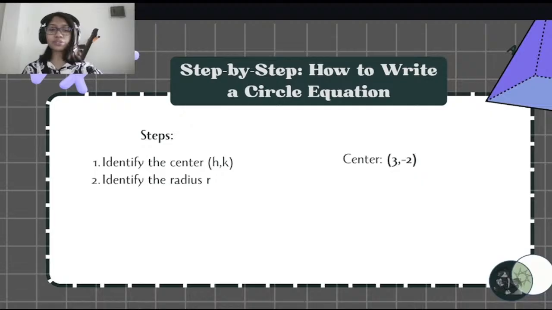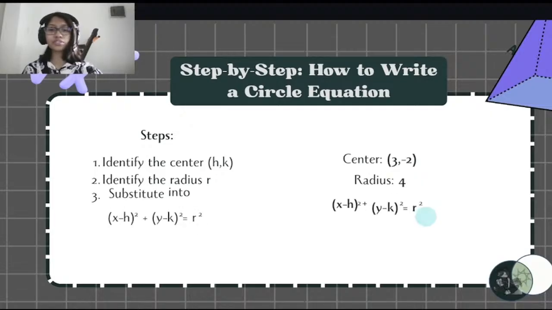Identify the radius, r: 4. Step 3. Substitute into the standard equation of the circle: quantity x minus h squared plus quantity y minus k squared equals r squared.